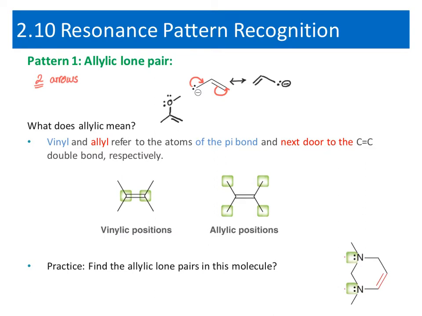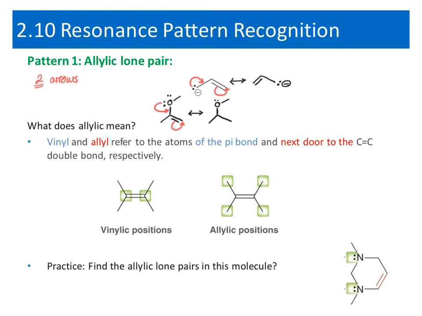So again, we start from the lone pair. The lone pair goes to make a double bond, and then the pi bond goes to make a lone pair of electrons. So we are going to have, I use one lone pair to make a double bond, so I still have this one on oxygen.